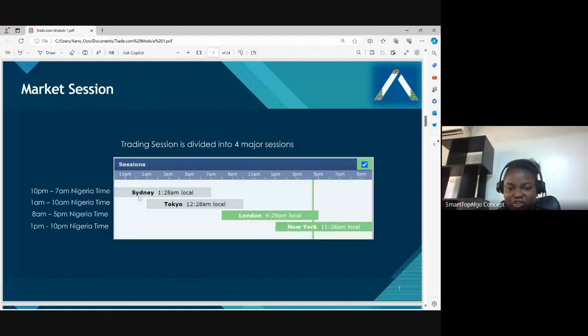This is the Sydney session. This is the Tokyo session. Between this 1 a.m. to this 7 a.m., you will notice that Sydney and Tokyo are live. They are open at that point.